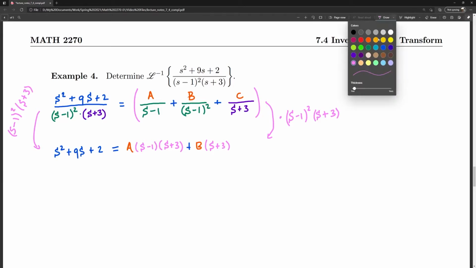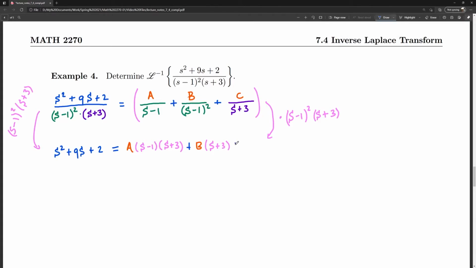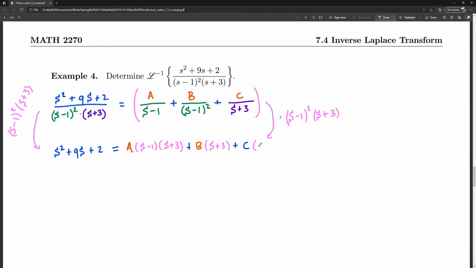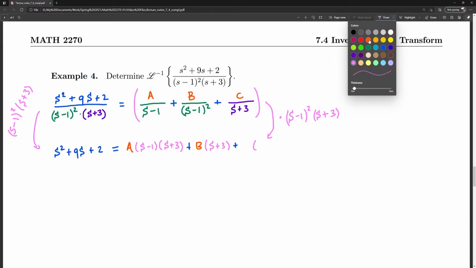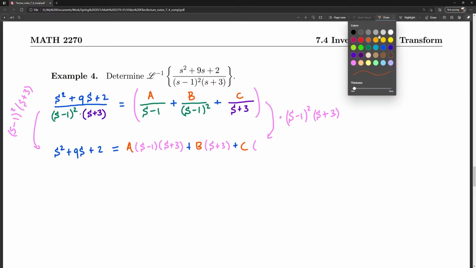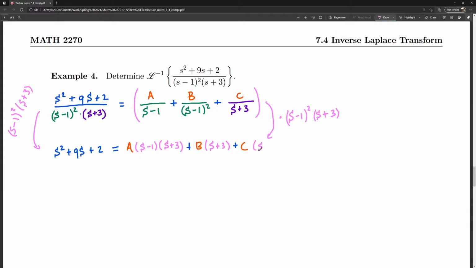And then my final term will be plus C times (s minus 1) squared, because the s plus 3 and the s plus 3 cancel out.